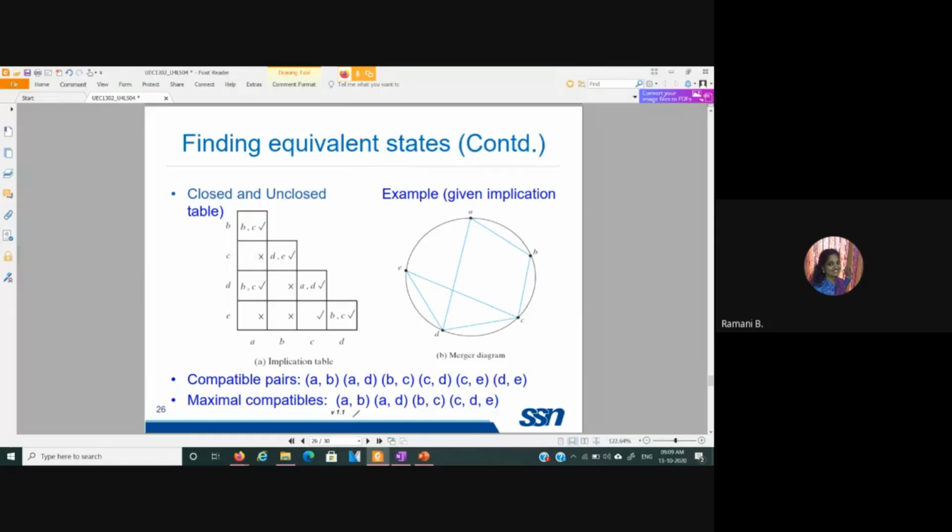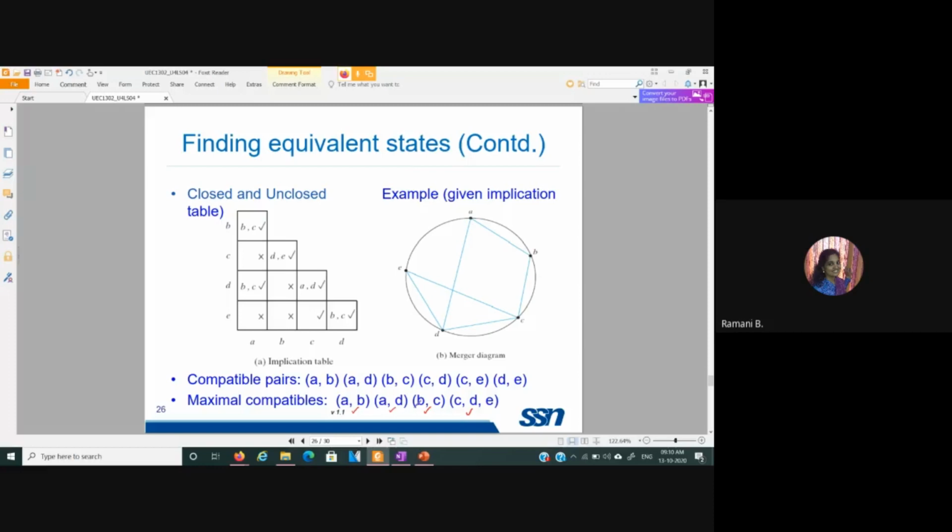That's the reason why all those are taken separately. This CDE, we have no issue, so we have taken CDE as a maximal compatible. The remaining lines you have to write separately. So A comma B, A comma D, and B comma C are separate lines, and we have written all those separately.